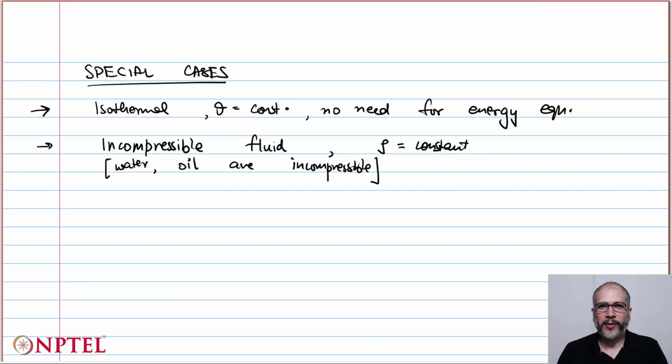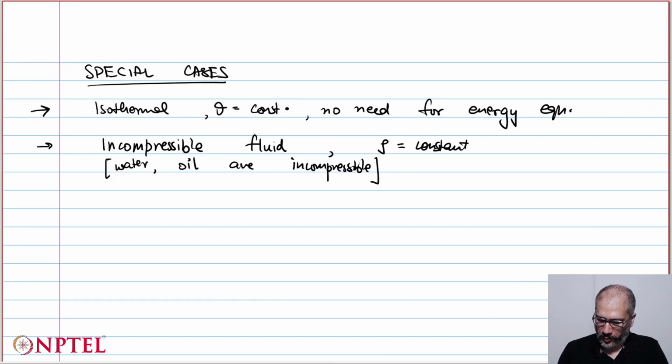Of course, if you apply very high pressure to water or oil, you will notice some change in volume, that is a change in density of the material elements in the fluid. But for the usual range of pressures, we do not see much of a change in the density, so we consider these as incompressible fluids.